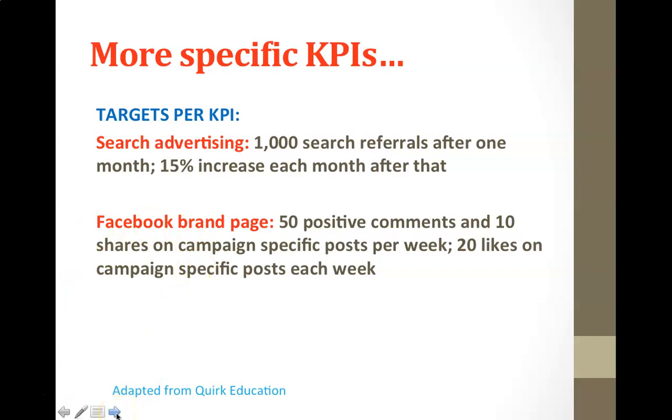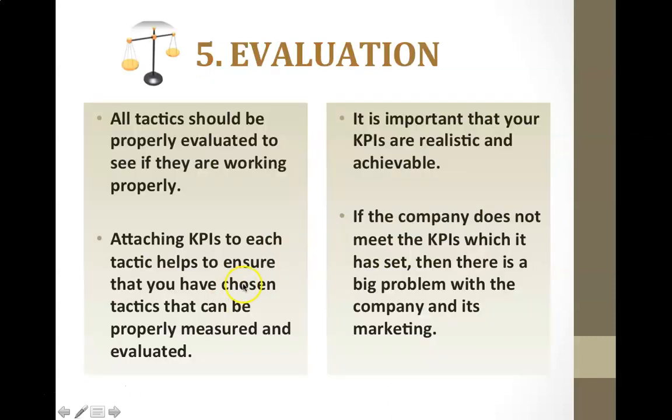Okay, so let's move on to evaluation, and this is the 5th step in designing a digital strategy. Our first step was, again, understanding the context of the business and the environment, the micro and macro environment out there.